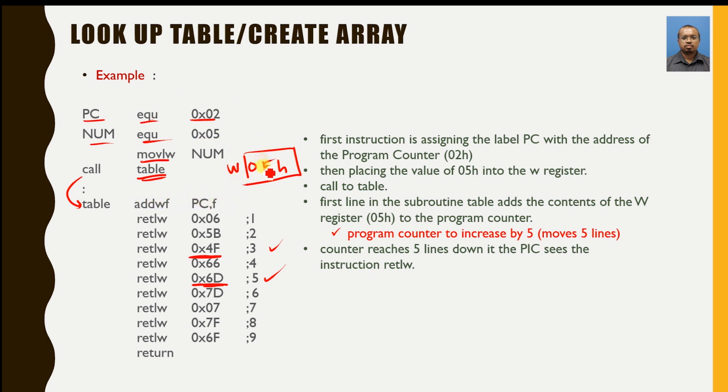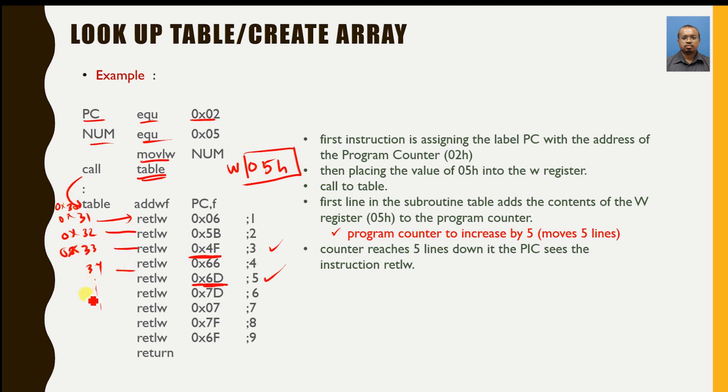So PC is 02. Let's say this is 0x30, 0x31, 33, 34, and so on. 31 is here, 30 is there, 32 is here, 33 is here.